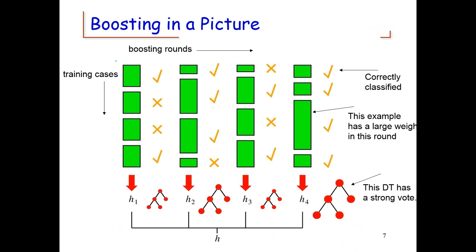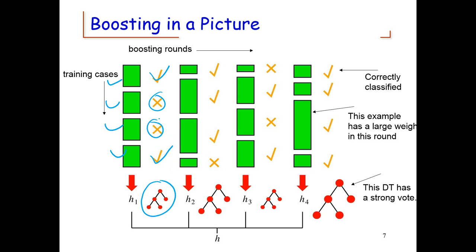So here is an example of boosting using a picture. With this training dataset, each observation has been given equal weight, and we got something wrong here. This is the first decision tree model, which got two of them right. This observation got predicted right, but there were two wrong predictions.